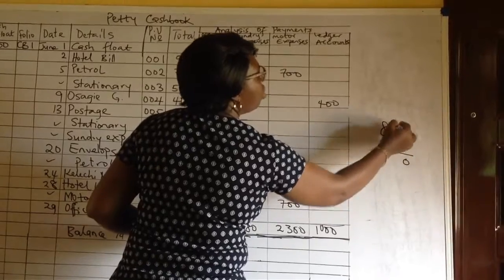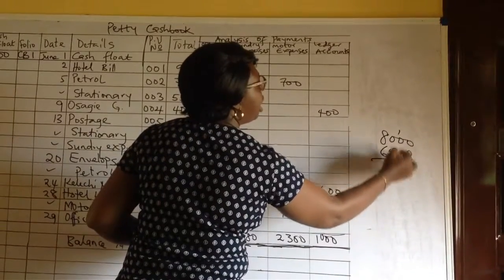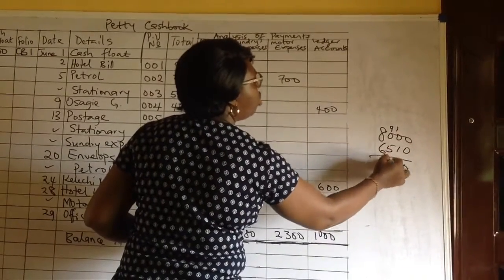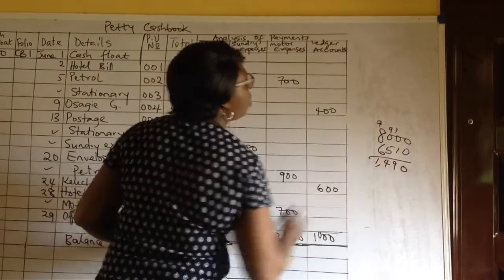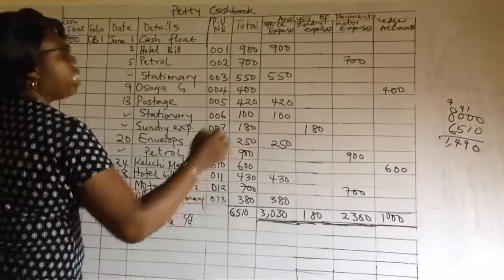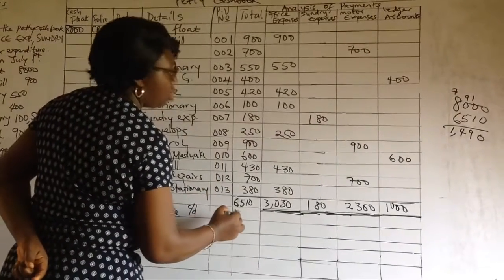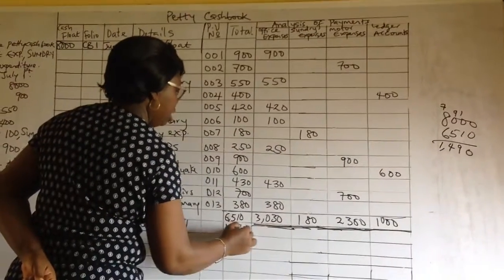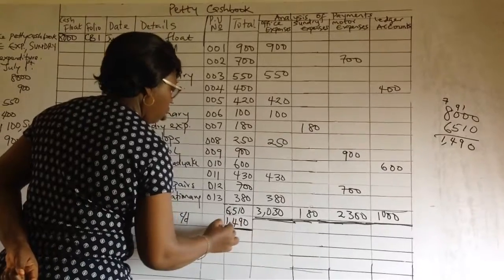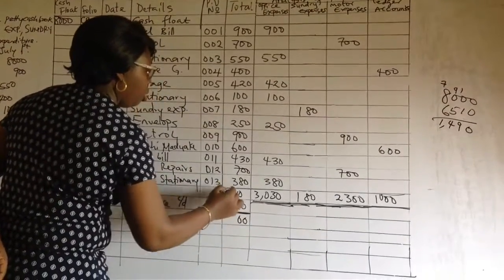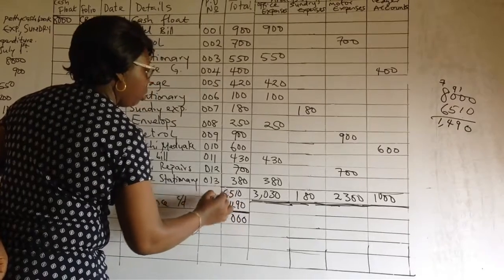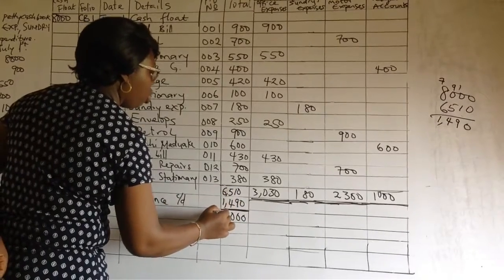So the balance that is carried down is 1,490. When you add this together, you get 8,000.